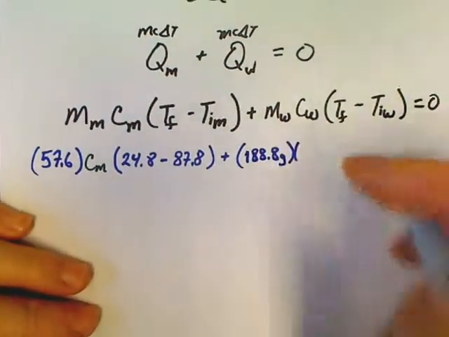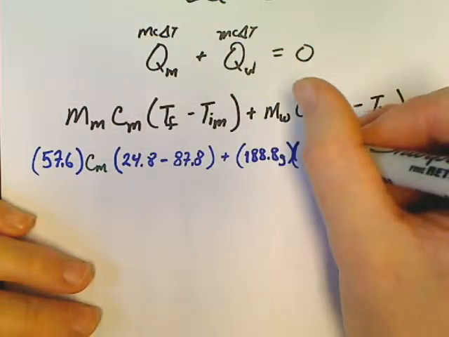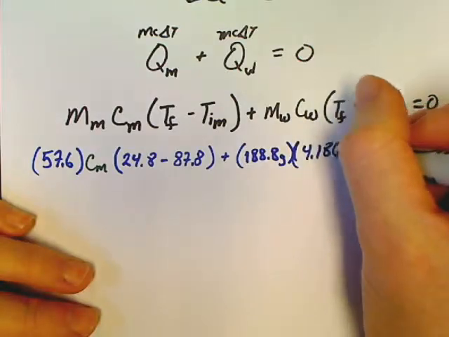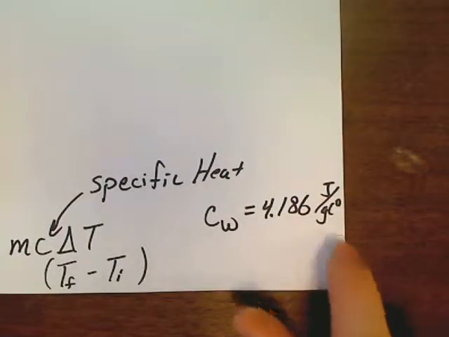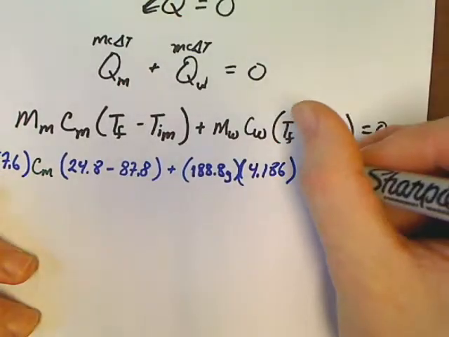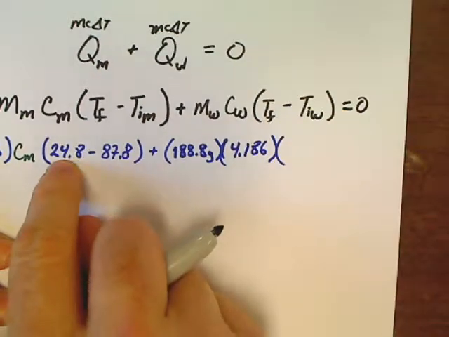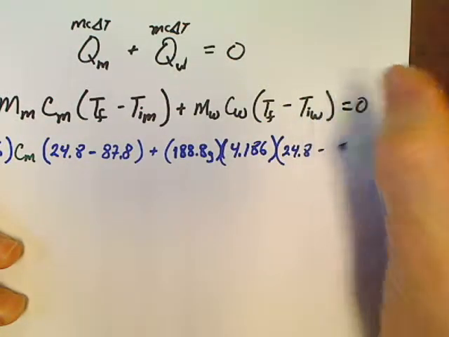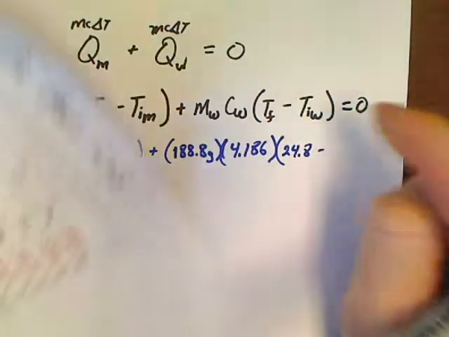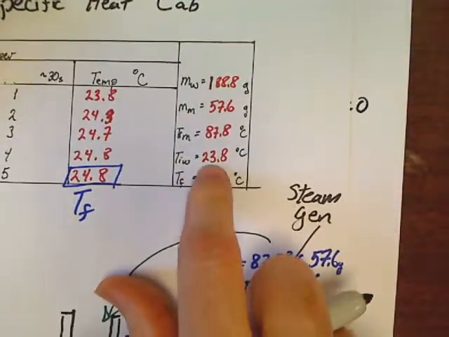It was unnecessary. C for water is 4.186 joules per gram Celsius degree if you're writing out units. Temperature final is still 24.8 minus temperature initial of the water, which is 23.8.